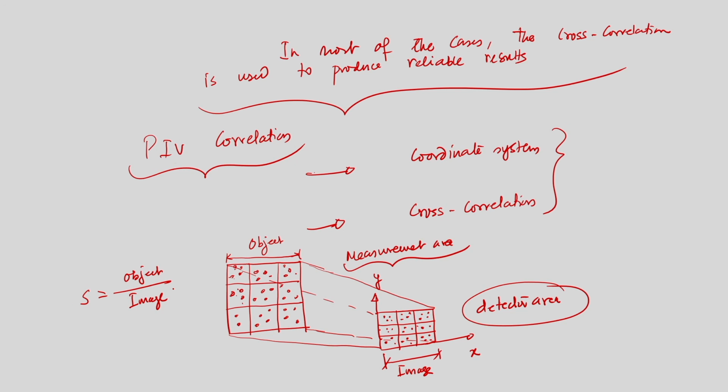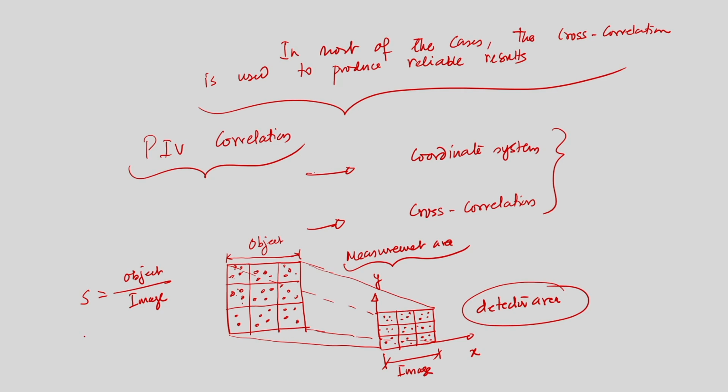What is S? So, S is the image scale factor, that is image by object. So, we are illuminating the object area, the measurement area, and capturing using the camera, that is the detector area.